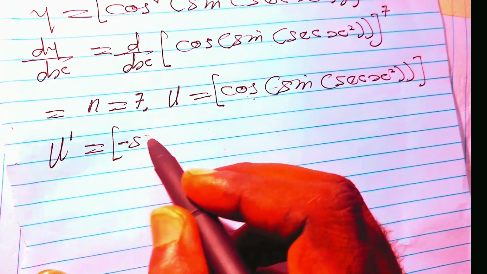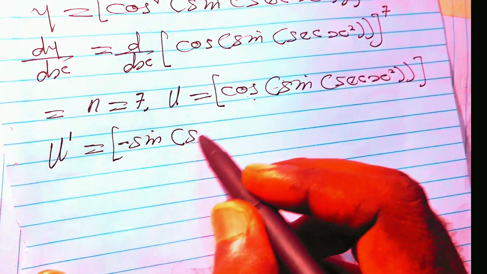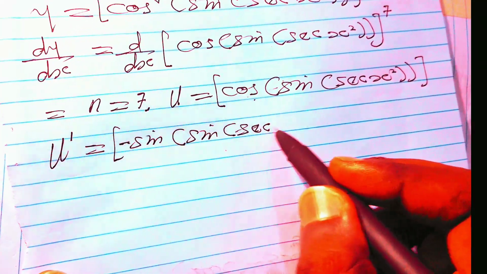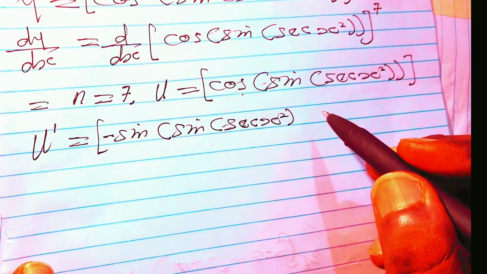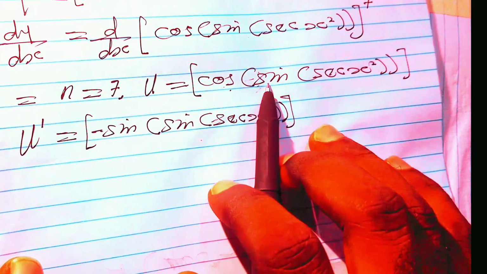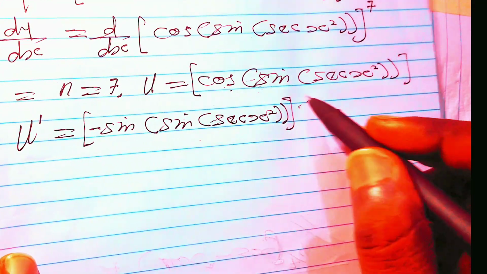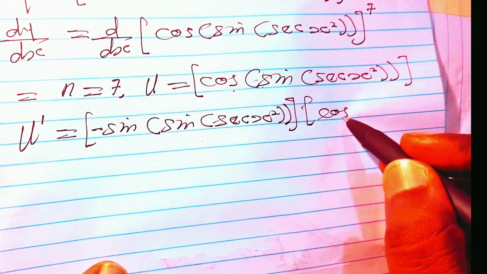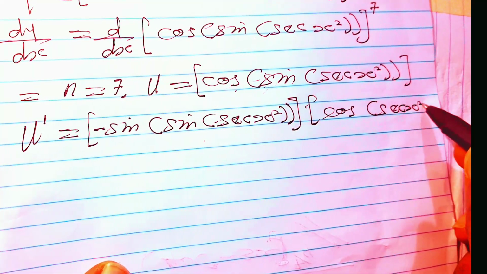So we are going to have negative sine in a bracket sine in a bracket sec x squared. And then we go ahead to differentiate one after the other. Differentiating sine is actually cos, so we're left with sec x squared.